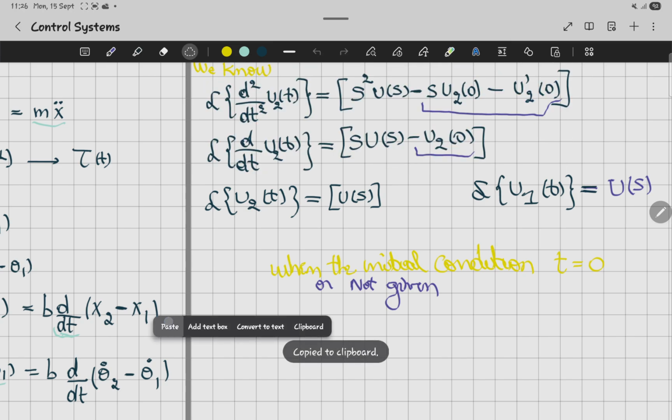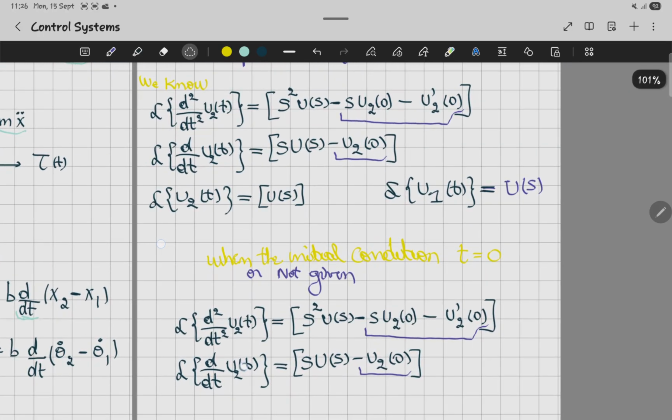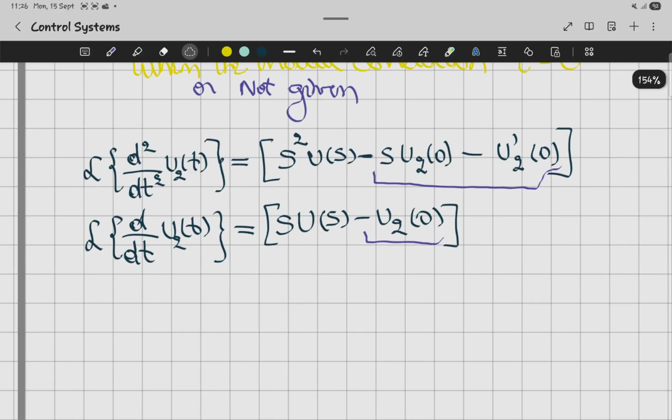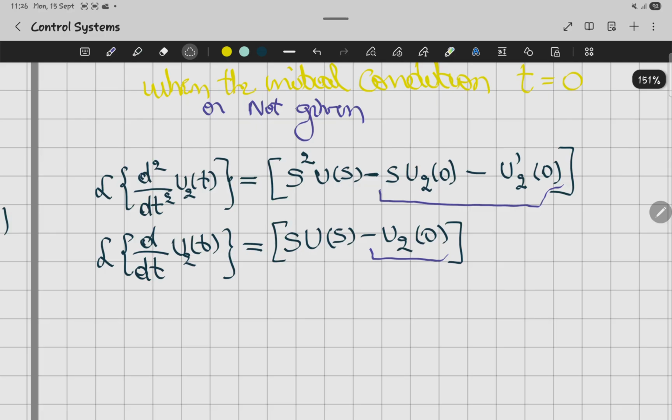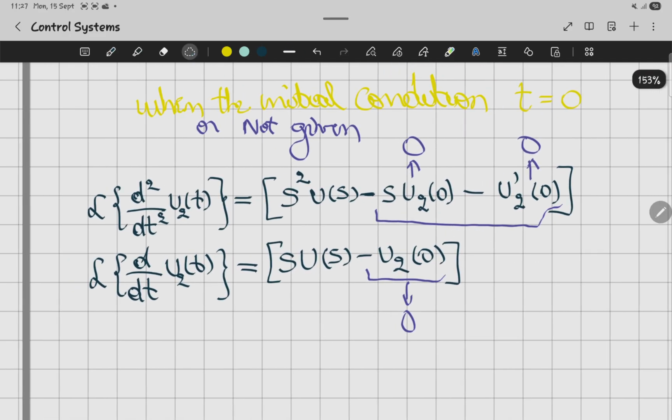Okay, since we know that there's no initial condition, what we're going to get into this equation, so it's going to be 0. So this one is going to be 0, this other one is going to be 0, and this one is going to be 0. And then the equation will be something like this.